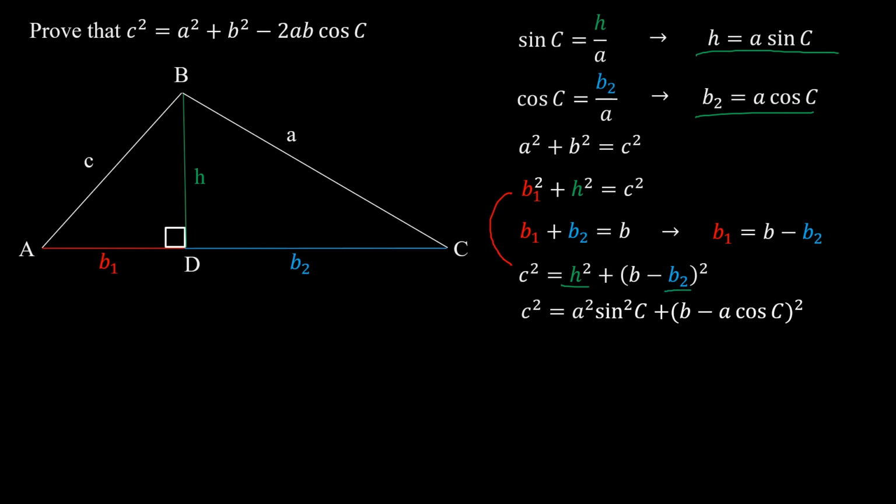Now once we plug them in, we will get that c squared equals a squared sine squared c plus (b minus a cosine c), and then you square all of that. Now there's a sine squared c because I just multiplied everything out. You just plug it into h, and you will see a sine of c squared is just going to be equal to a squared sine squared c. So that's how we got this part.